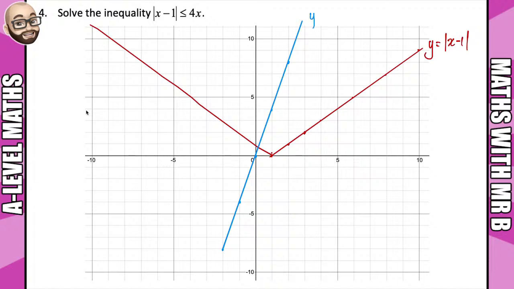I'm not going to redraw any of these ones. So for this question, we want the 4x to be bigger than the modulus graph. So we can see for this one, the bit that I'm going to highlight is literally all of this part here forever. And what I need to do is find that point there.